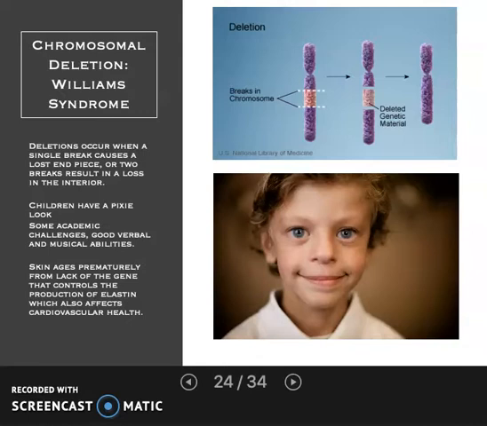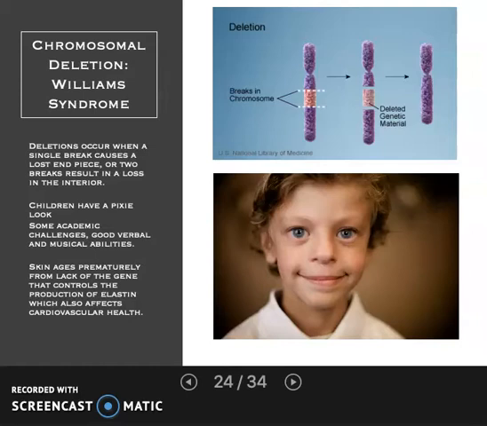Okay, well, one of the first things I asked you guys to look at in the introduction of this unit was a video on Williams syndrome. And Williams syndrome is an example of a deletion mutation. And in the case of chromosome number 7, there's a deletion mutant. And people with Williams syndrome have all kinds of cool attributes and some deficits that make them a little bit different.